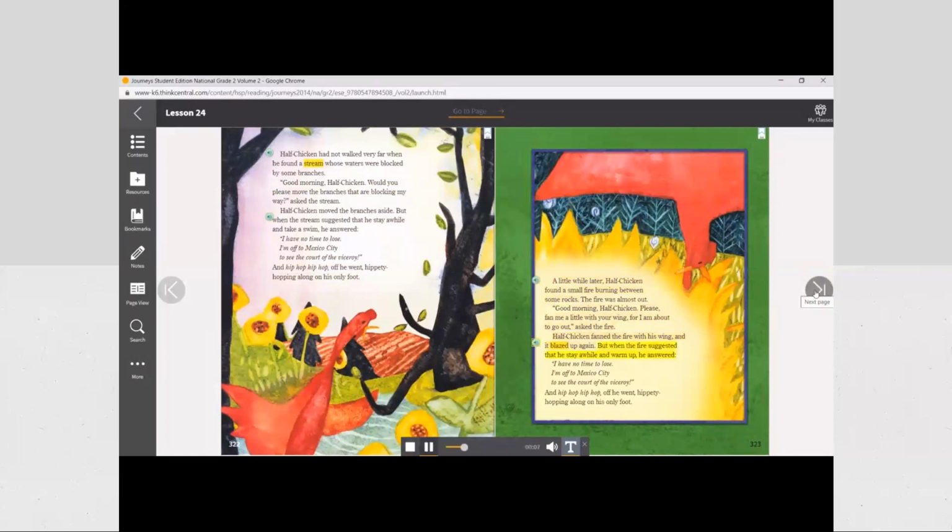But when the fire suggested that he stay a while and warm up, he answered, "I have no time to lose. I'm off to Mexico City to see the court of the viceroy." And hip hop, off he went, hippity hopping along on his only foot.